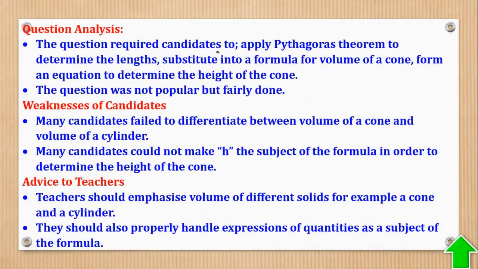So the question required candidates to apply Pythagoras theory to determine the lengths, substitute into a formula of volume of a cone, and form an equation to determine the height of the cone. So that was one approach. Remember, in math there are a number of methods, but usually on this platform we prefer a method which is a little simpler.